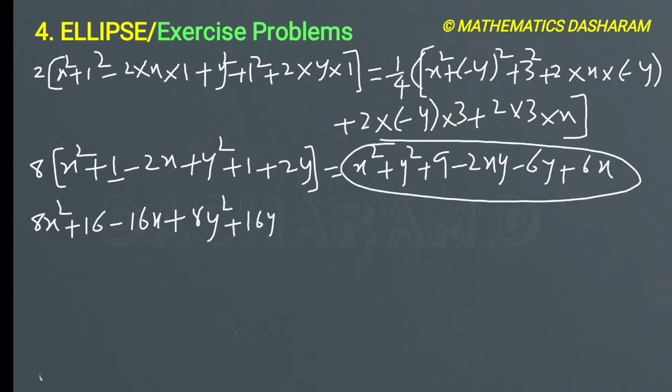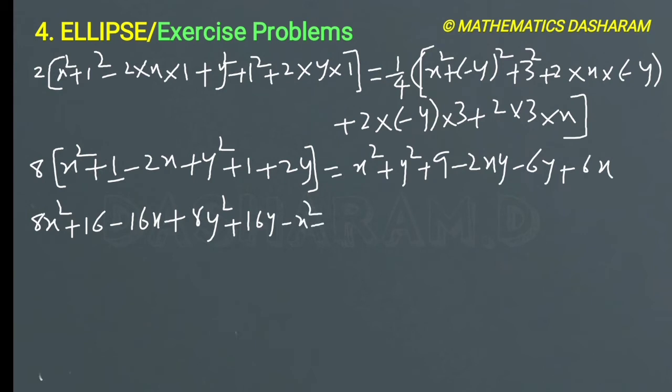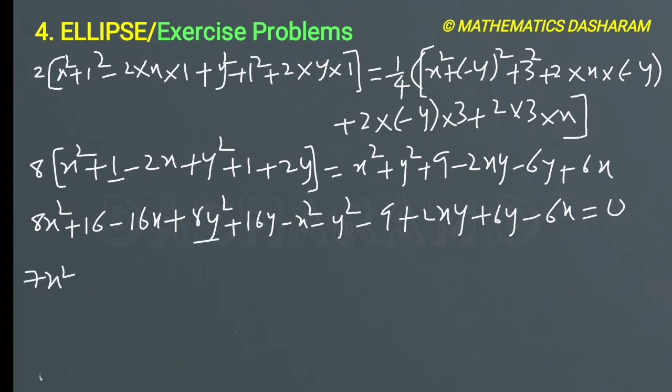Now write all these terms to the left side: minus x² minus y² minus 9 plus 2xy plus 6y minus 6x equals 0. 8x² minus x² is 7x². Next, 8y² minus y² is also 7y². Next, 2xy. After that, minus 16x minus 6x is minus 22x, plus 16y plus 6y is plus 22y.